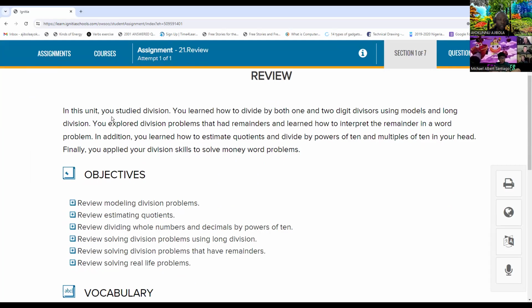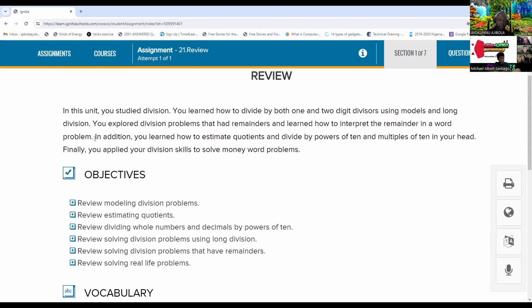In this unit, you studied division. You learned how to divide by both 1 and 2-digit divisors using models and long division. You explored division problems that had remainders and learned how to interpret the remainder in a word problem.